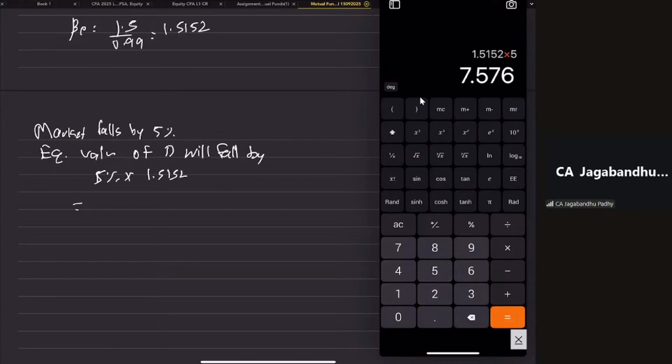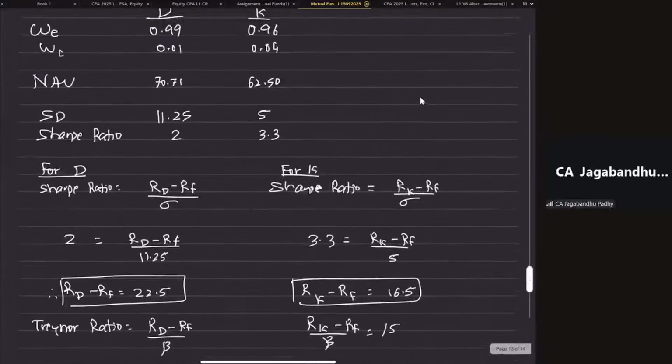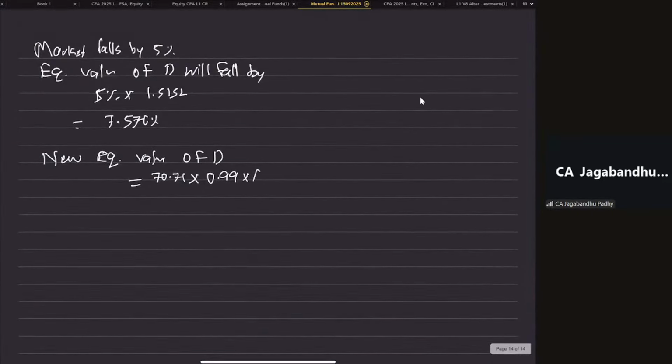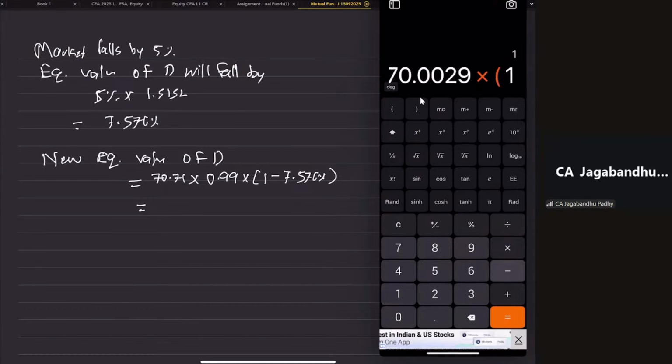So what will be the new equity value of D? Originally the NAV was 70.71. From that 70.71, 99% was equity, which has been reduced by 7.576%.